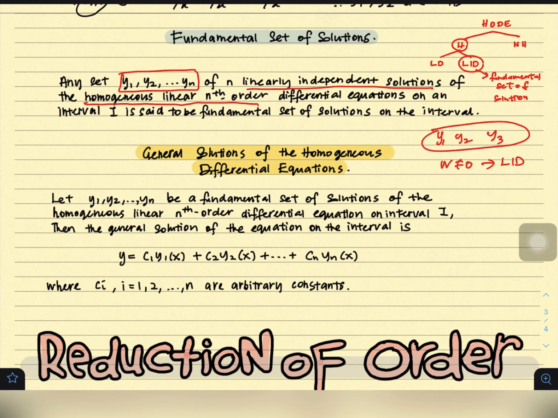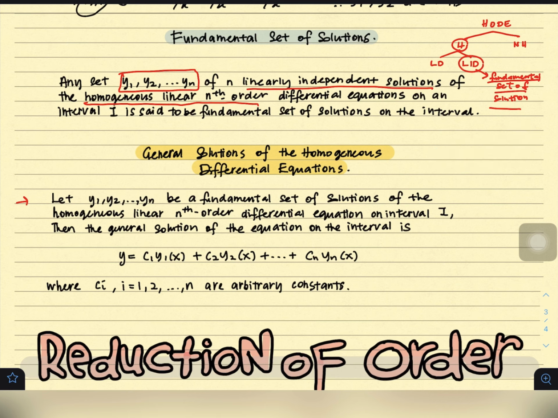So this solution is called as a fundamental set of solution. Itu je. Maksudnya kalau kita ada solution yang sifatnya linearly independent, that solution we call as a fundamental set of solution. Okay, so let's see this definition. Let Y1, Y2, Yn be a fundamental set of solution. So now we already have a fundamental set of solution.